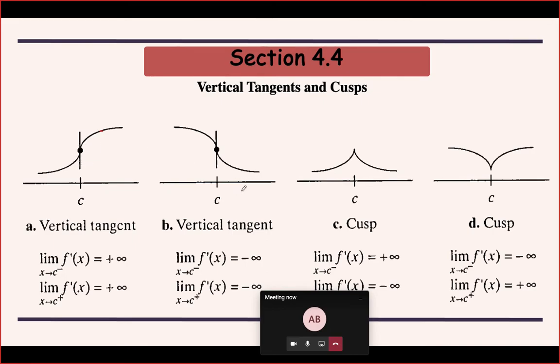And if you have a vertical tangent, another possibility is that both the limits are minus infinity, and then it will be a throughout decreasing function. Either it is throughout increasing or throughout decreasing, but the limits of f dash at that point c become infinite.